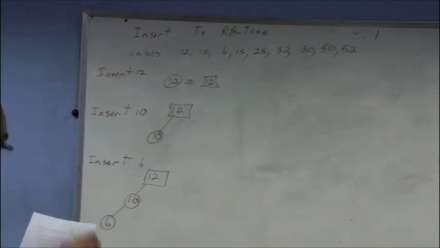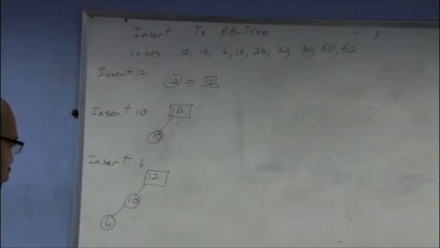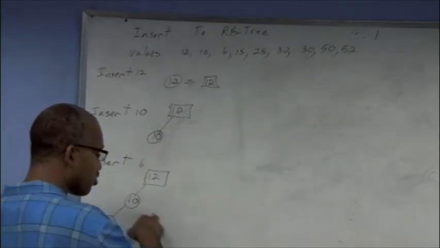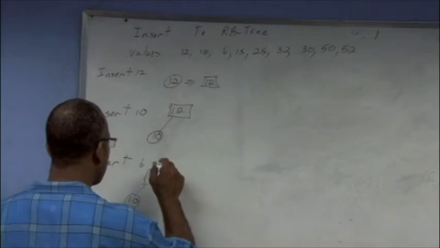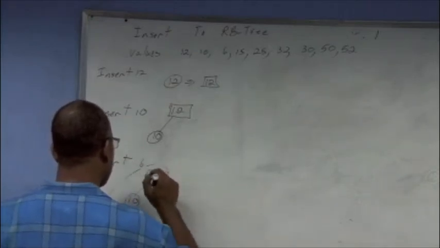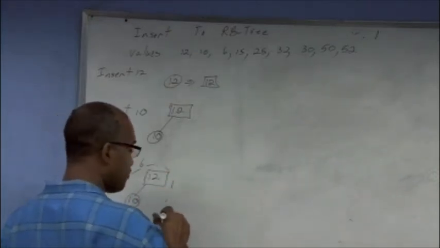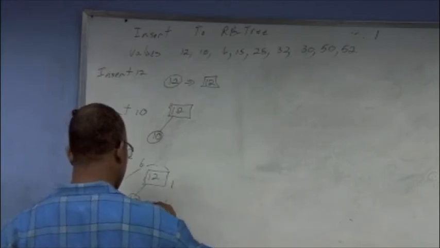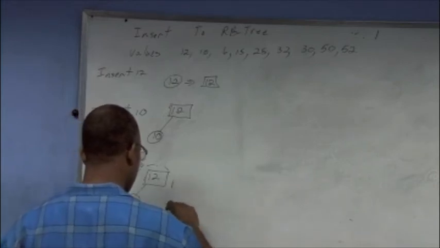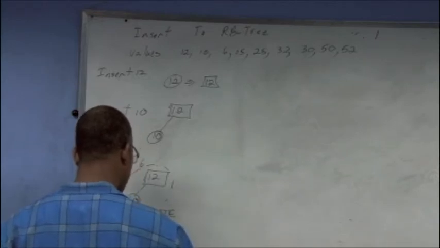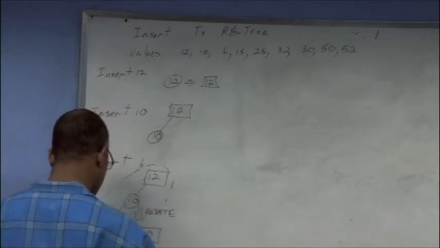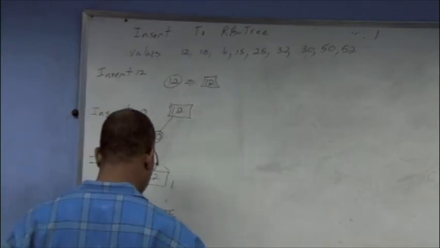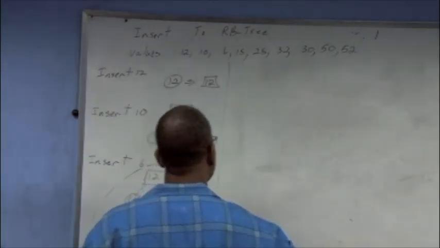No, because you can't have a red node with a red child. So this is a 3-node critical cluster. We're going to fix that by rotating, to give 10 at the root, with 6 and 12.